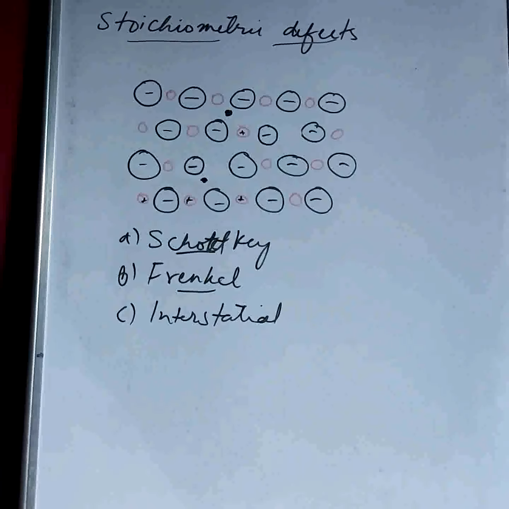Now let's move on to some of the properties of solids. There are lots, but the two most common ones are the electrical properties and the magnetic properties. So we know what electrical and magnetic properties are.